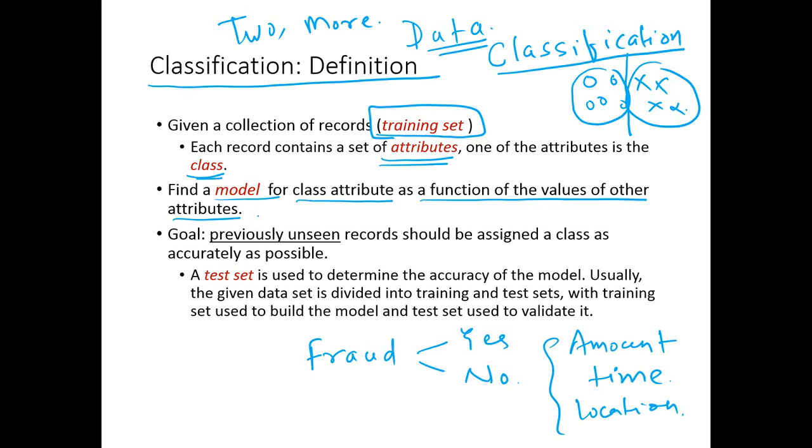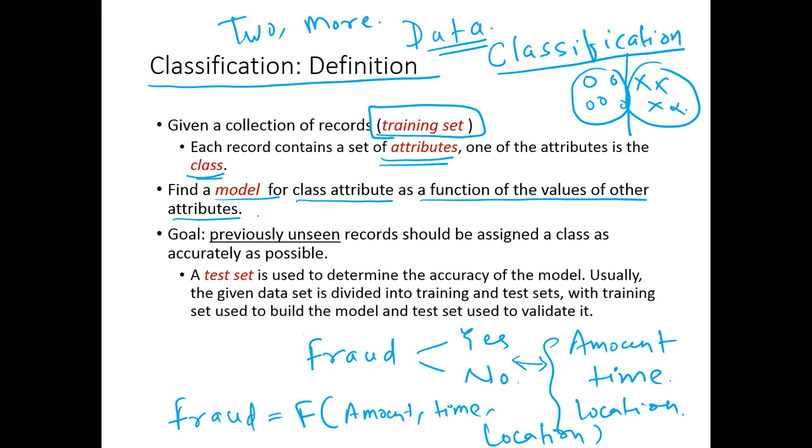These are the attributes using which we'll know whether the fraud is going to happen or not. Given this fraud data, we need to find a function that relates the two. So we should be able to write a function like this: fraud yes/no is a function of amount of transaction, time or timestamp when the transaction happened, and from where it happened, location.